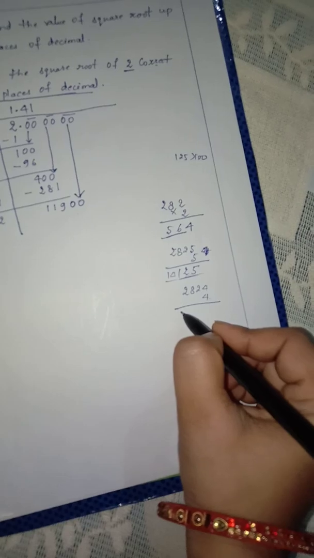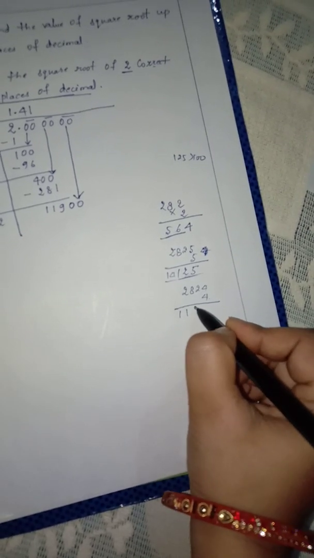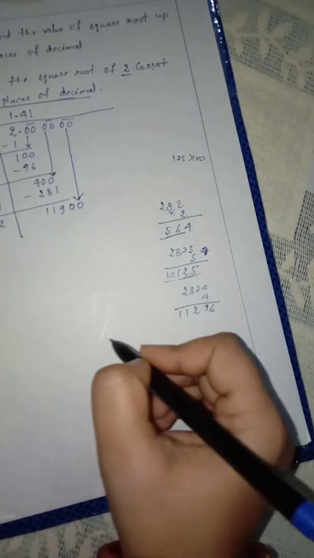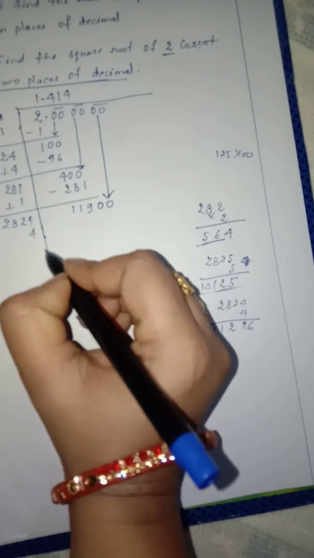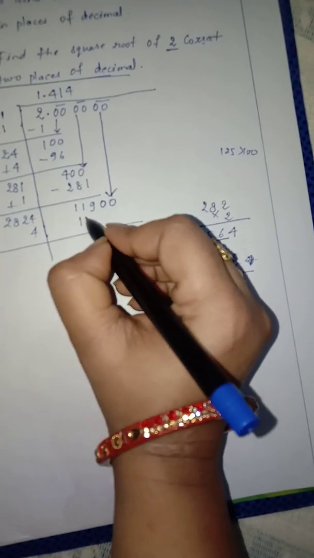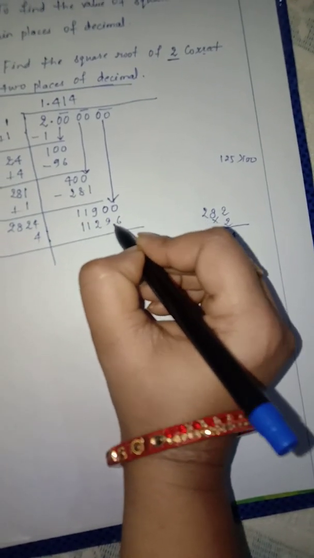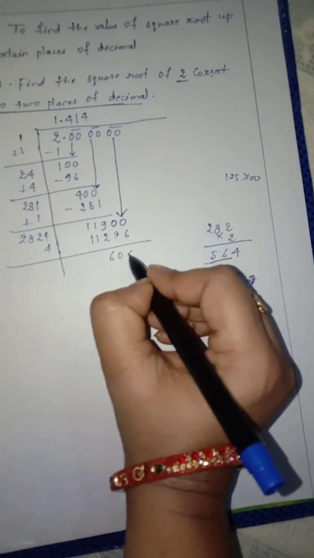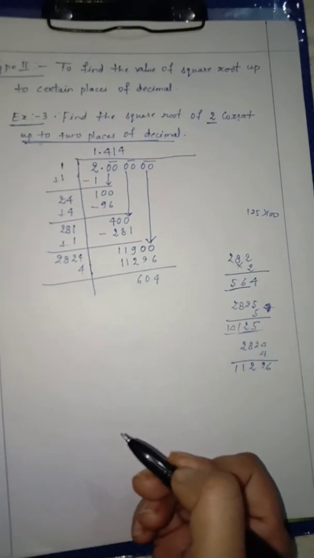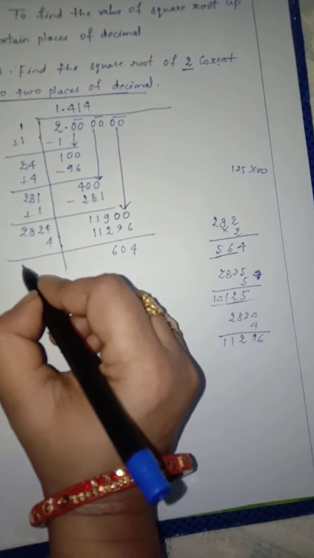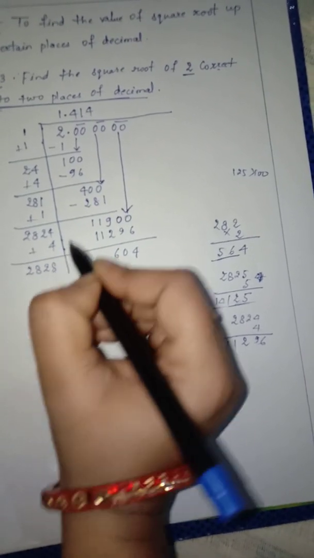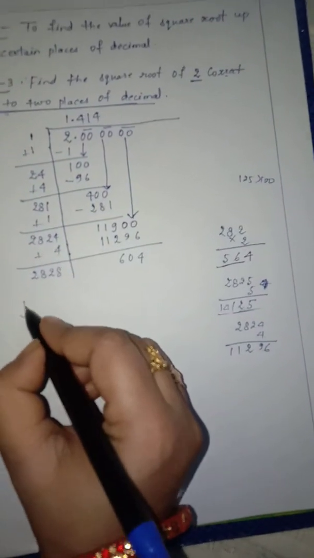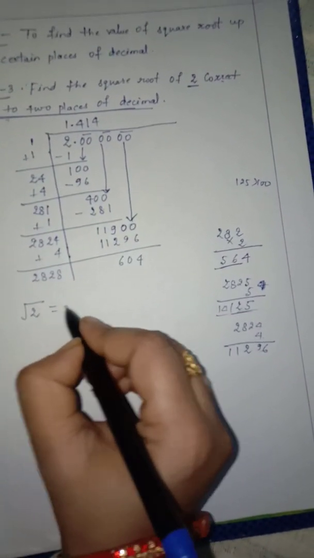After multiplying this we will get 11296. After subtracting we will get 604, and this should be 2828.